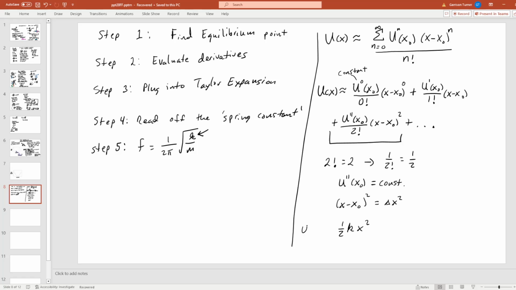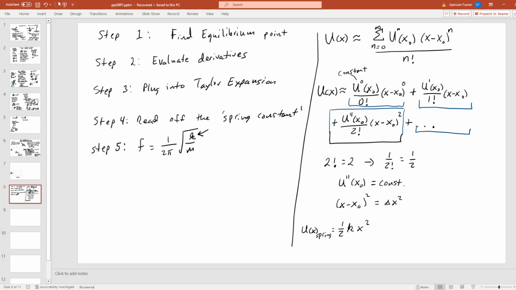And this is your potential energy of a spring. We'll see why these two terms drop out of the calculation. And once you are at the squared term, as far as oscillations go, you don't need any of the higher order terms. You just need this term right here.